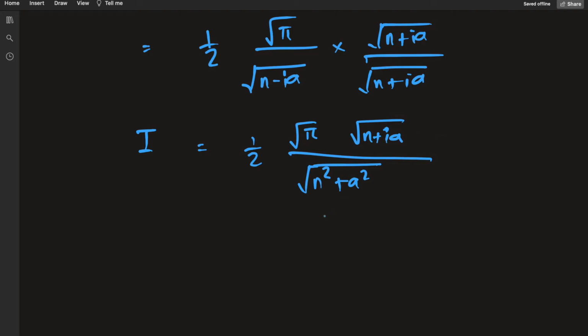So on the next page I'm going to take this top part. We can't do anything with the bottom part because it's already real. n squared plus a squared is already real. I'm going to take this top square root part on the next page and try to get this into a better form. And if you don't know how to do that, well, today is your lucky day. So see you on the next page.